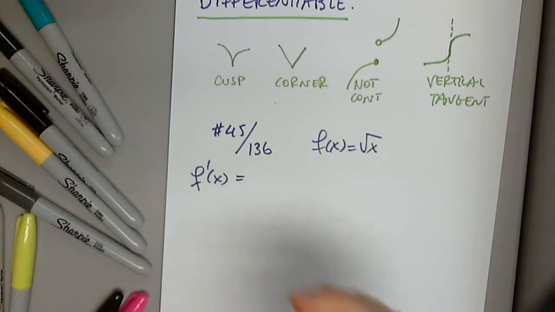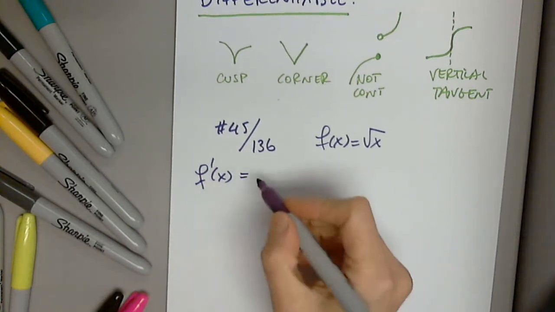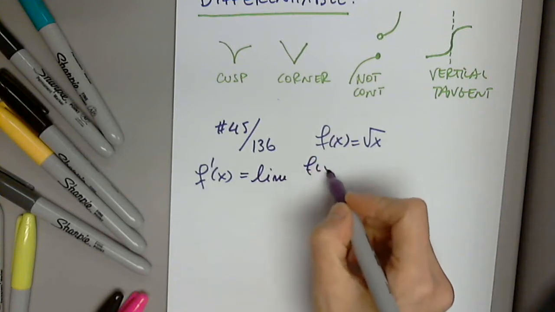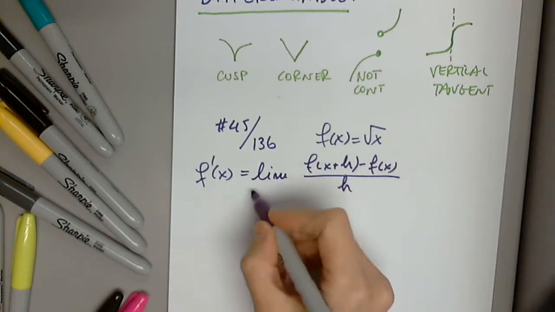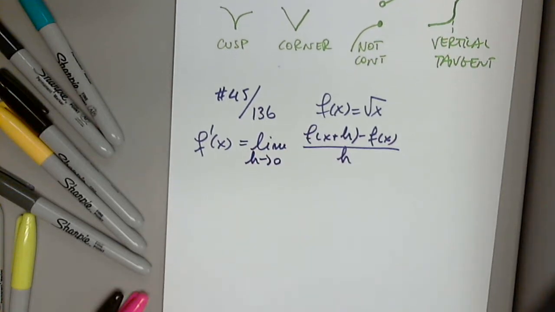And it's nothing else but the two concepts that we know so far, the limit and the difference quotient put together. So this is the limit of f of x plus h minus f of x divided by h as h approaches 0. So now we are putting together the difference quotient and the limit operator.